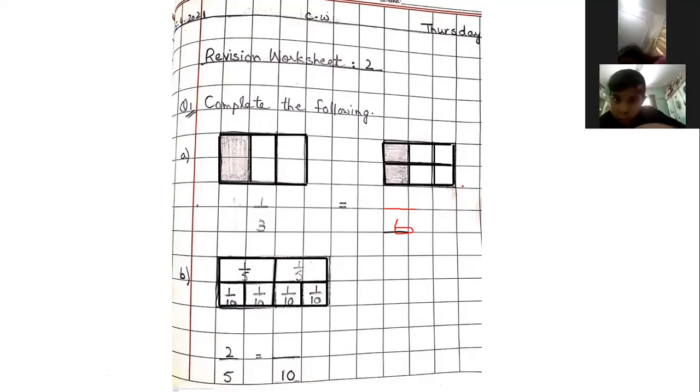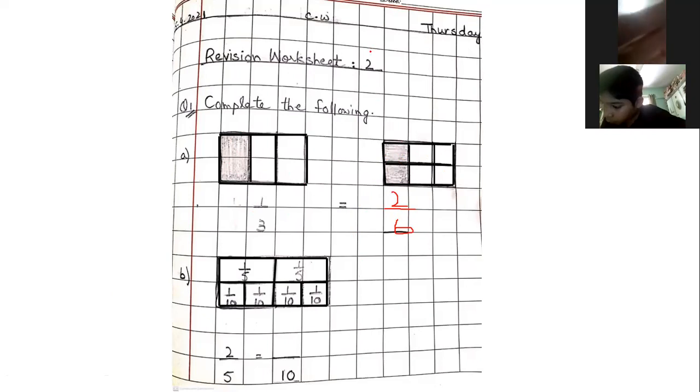And out of 6 equal parts, how many parts are shaded? 2. Here in this shape, one part is shaded out of 3 equal parts, and here 2 parts are shaded out of 6 equal parts.